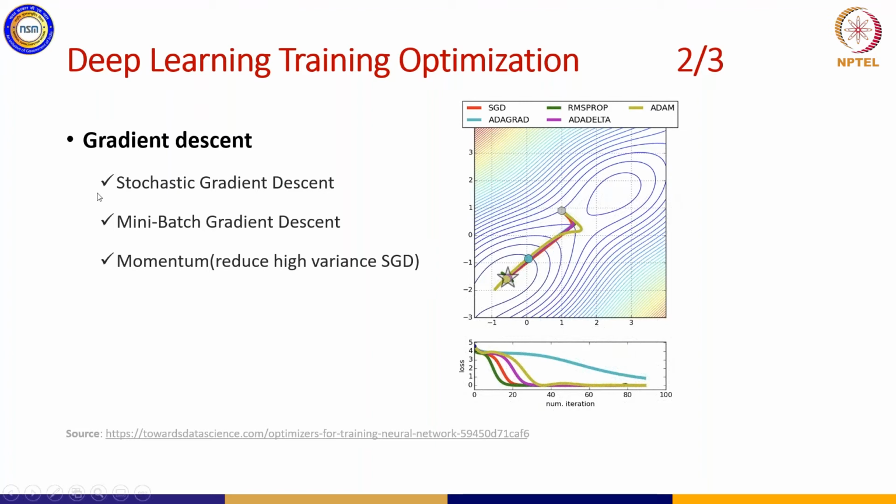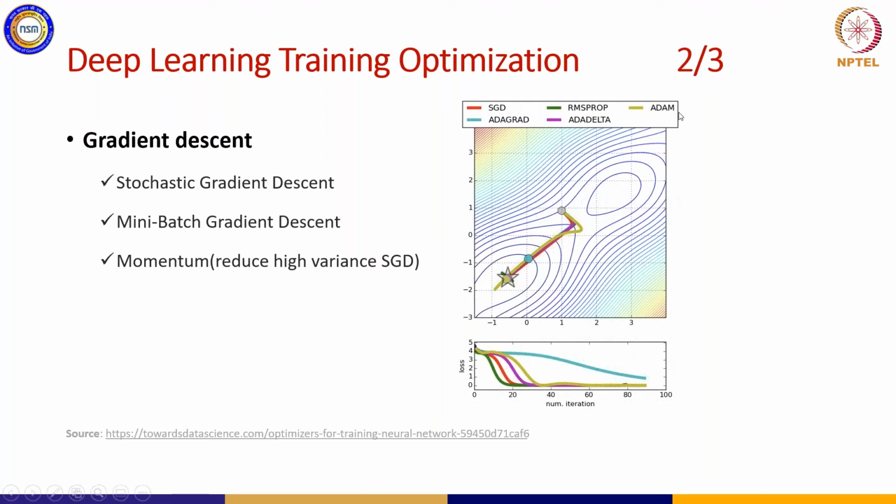Also, there is the mini batch gradient descent, which picks chunks of the batches and feeds them into the model. And also there is what we call momentum. This momentum is used to reduce the high variance in the stochastic gradient descent.